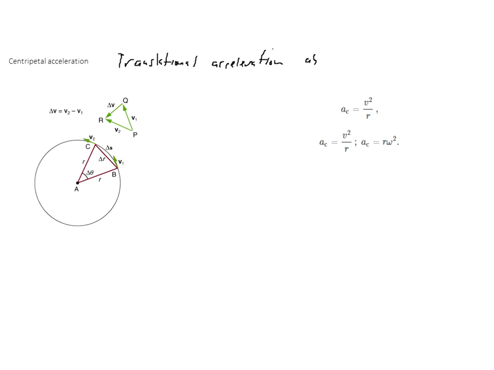It's the ratio of translational velocity change to duration. And obviously that is a equals delta V over delta t.